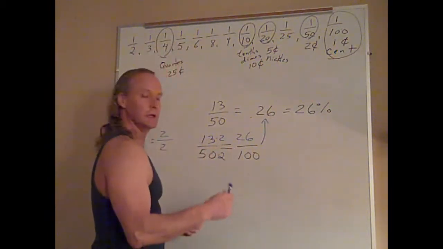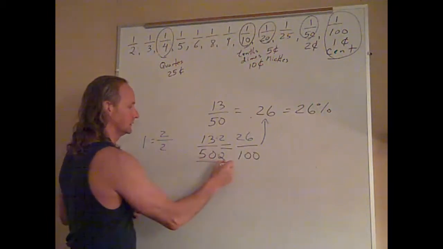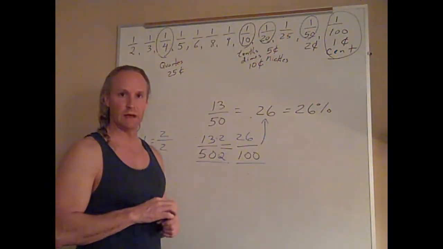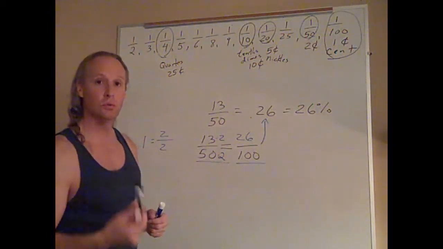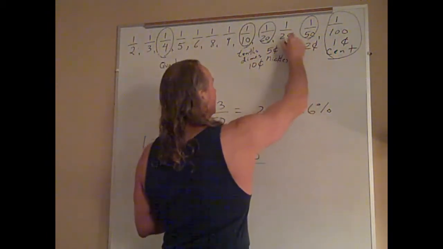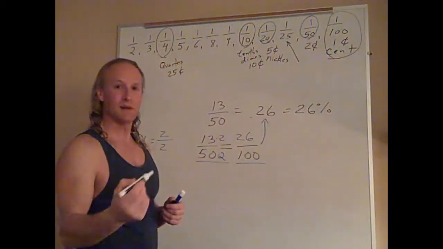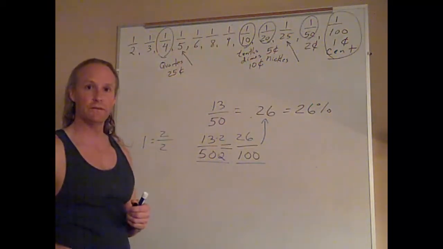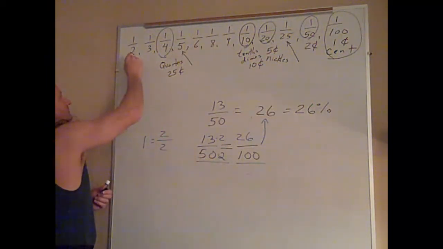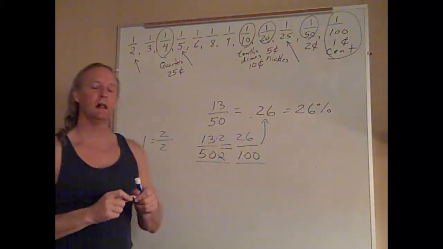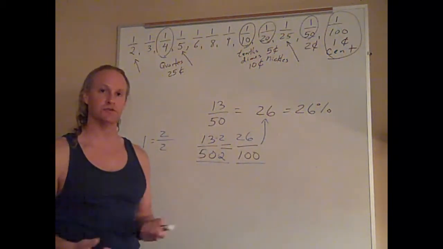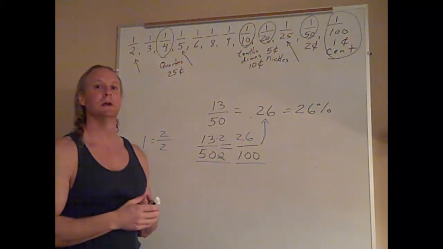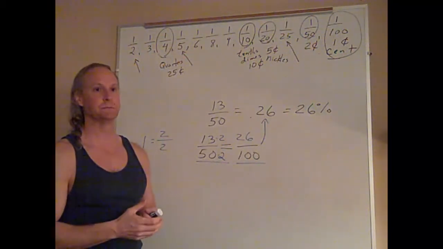So what I'd like you to do is think in these terms, how I got the numbers I got, where I got my number value, and I'd like you to come up with your own rule for changing 25ths. You also, if possible, I would like you to come up with your own rule for changing fifths and for changing halves. They all have a number that you need to multiply to get 100, and they can all be given a value in cents, if you like, to change them to decimals, percents, and fractions.